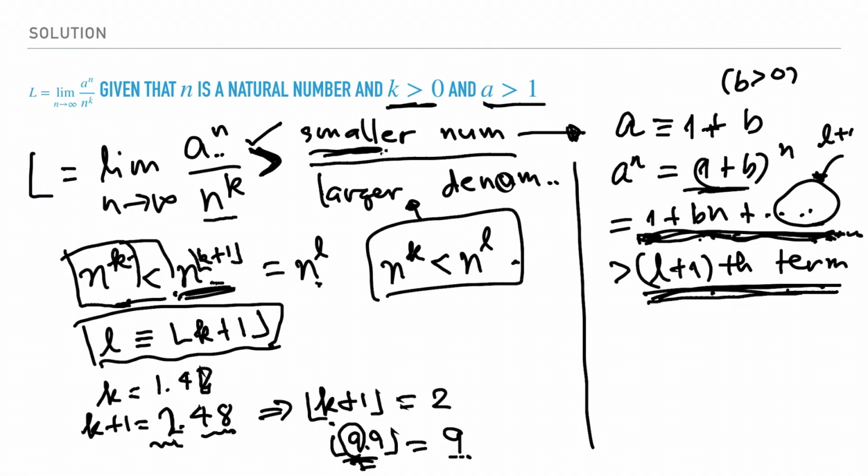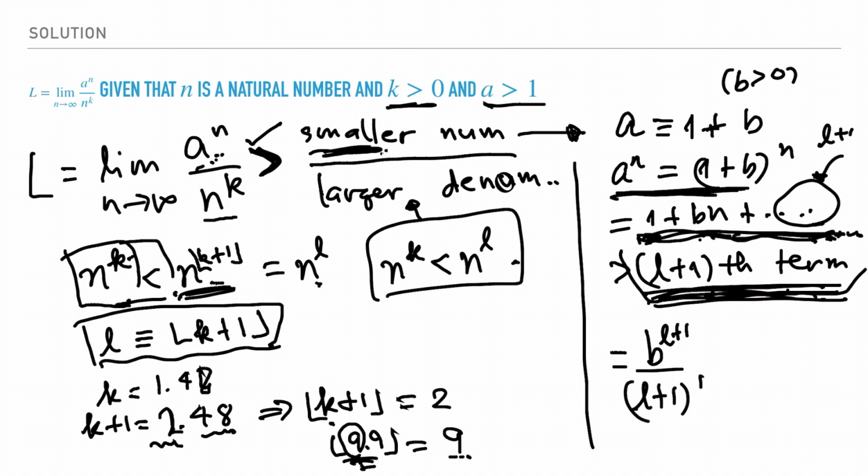So I'm now guaranteed that my numerator will be smaller than a to the n. I can write that down using the binomial theorem, and that becomes b to the L plus 1 times n factorial over L plus 1 factorial times n minus L minus 1 factorial.